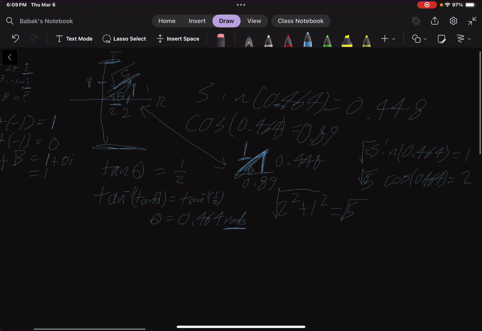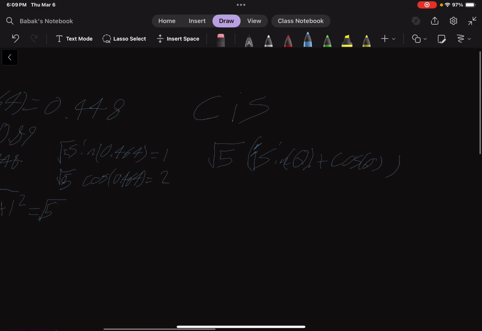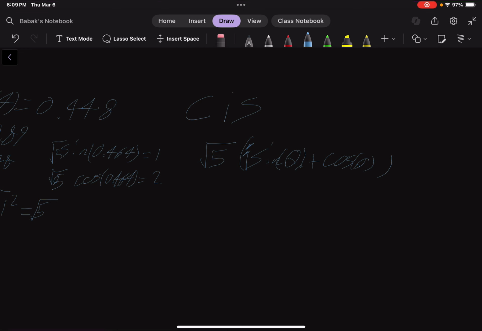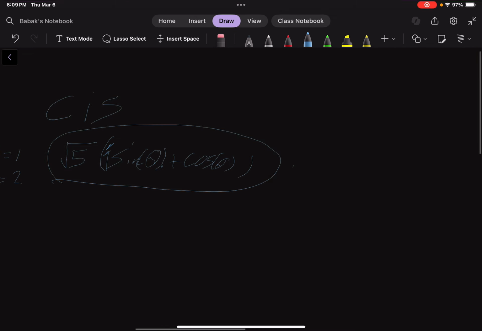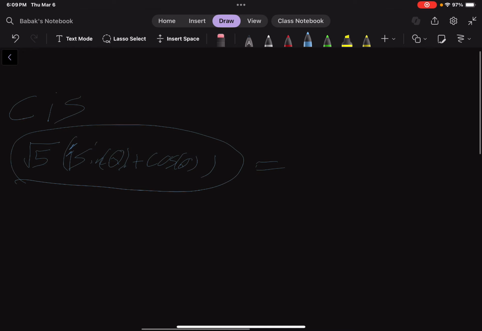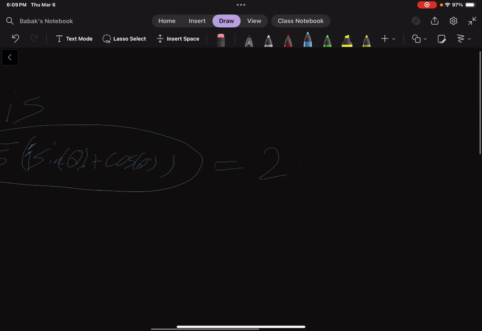And once again, cosine corresponds to the horizontal axis. As such, we will not give it i, so that it represents the real numbers. And therefore, this statement is equivalent, when theta is 0.464, to, if I can remember, 2 plus i.